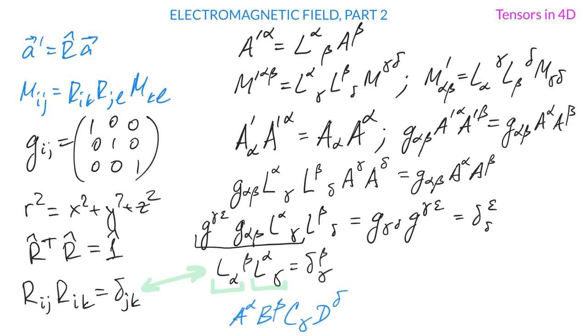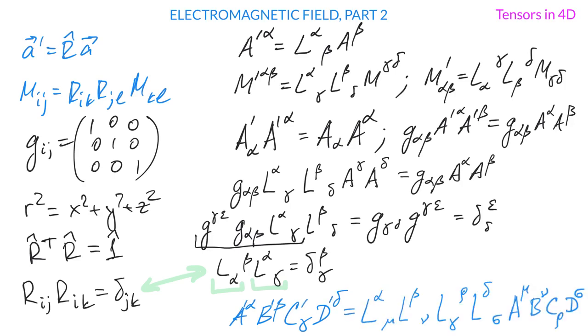Now, if we want to see how a tensor like this transforms, by the usual prescription that we discussed before, we need to act by the L matrix on each index. So if you want to write the components of this direct product in the primed reference frame, we're going to use the L matrices appropriate for each index.